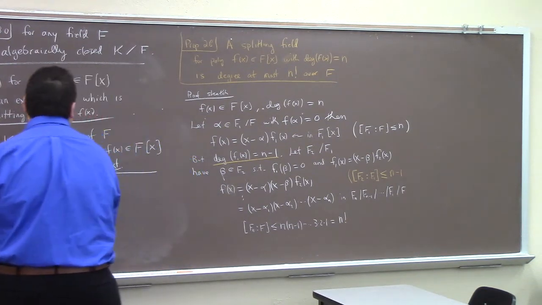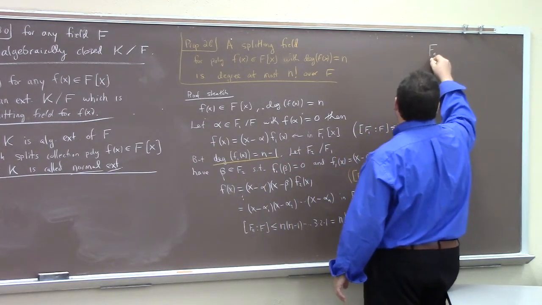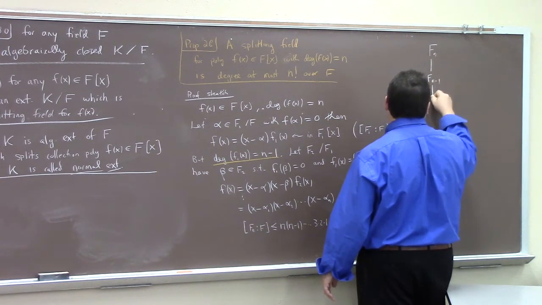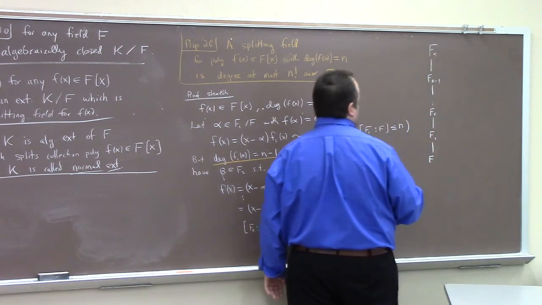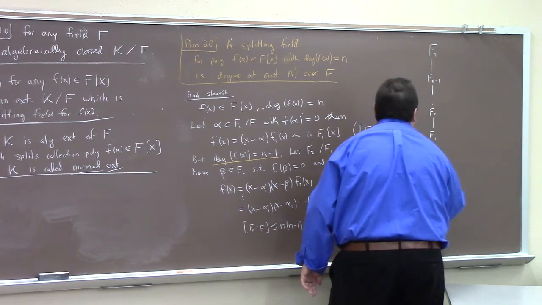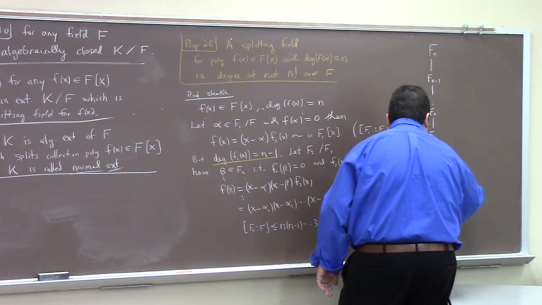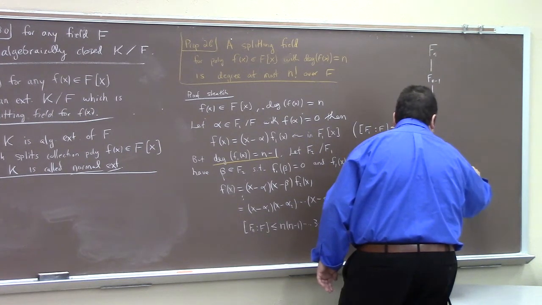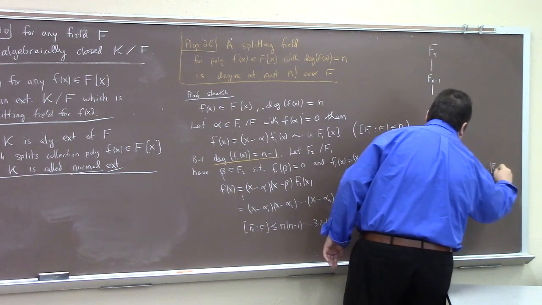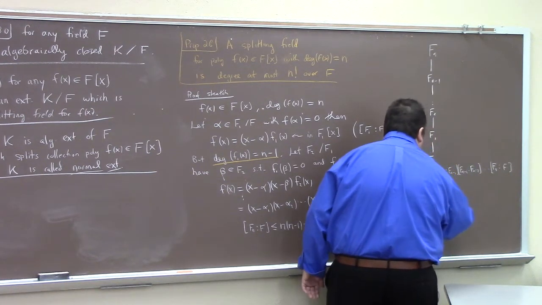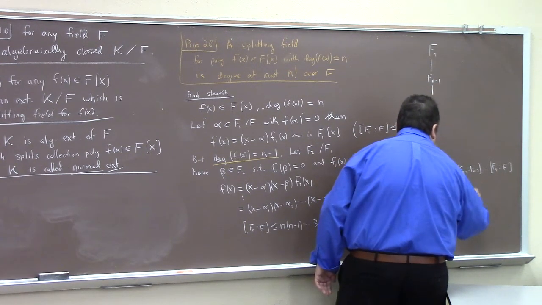If we have this tower of fields, Fn, through F2 over F1 over F, then the degree of Fn over F is equal to the degree of Fn over Fn minus 1 times the degree of Fn minus 1 over Fn minus 2, and so on, eventually getting to F1 over F. And that is less than or equal to 1 times 2 times 3 and so on, times n, which is, of course, n factorial.